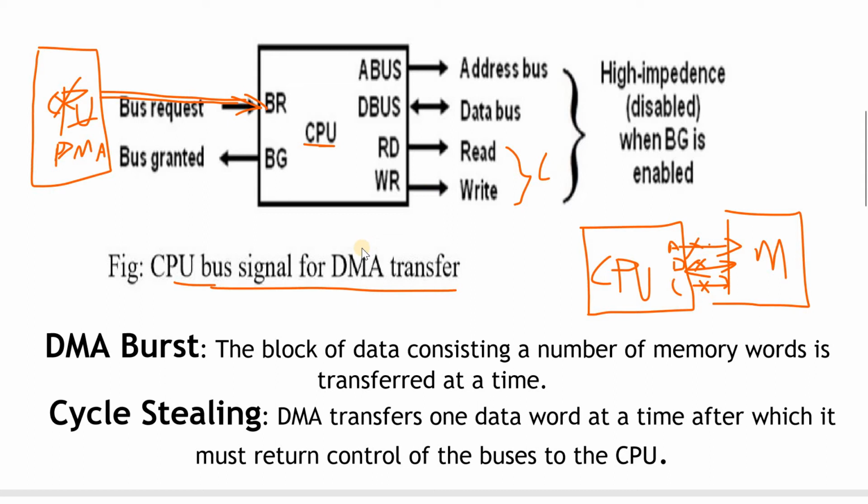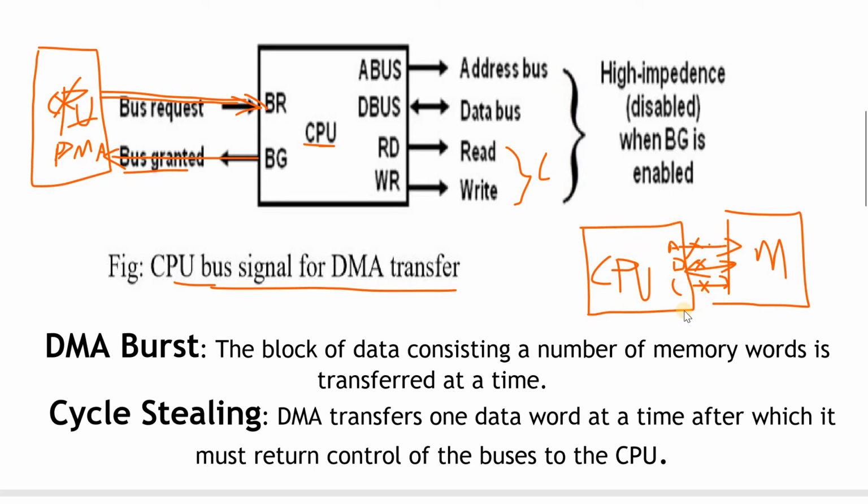After providing the service based on this request, the CPU gives one more acknowledgement signal, that means bus granted. Previously the DMA asked for a request, so the CPU responded by releasing the connections from the memory, and the released connections are connected to the DMA controller. Now the DMA controller takes over control of all the buses.